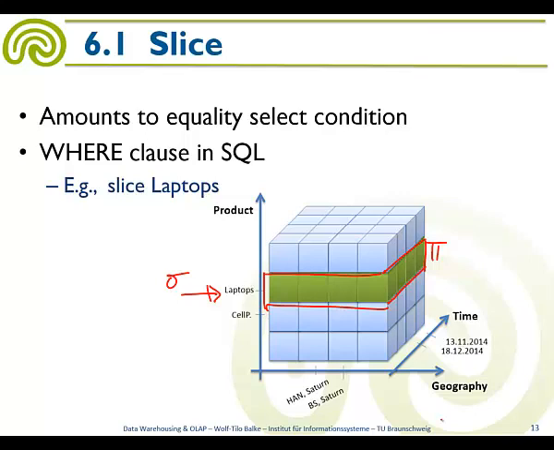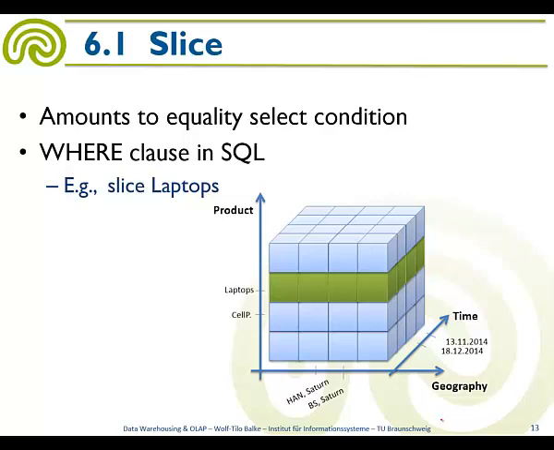Okay, slicing is one thing. You get all the data nicely projected and selected. But sometimes you're not interested in the whole data of the cube, but in very particular areas. Especially what is important in data warehouses are range queries, right?